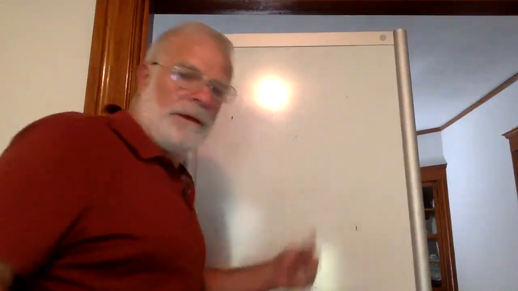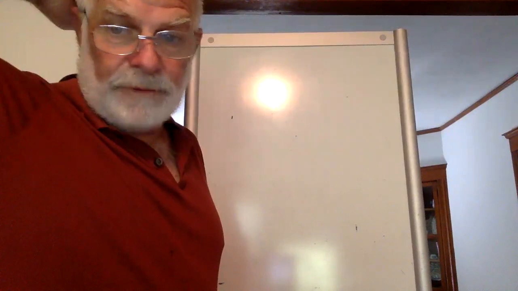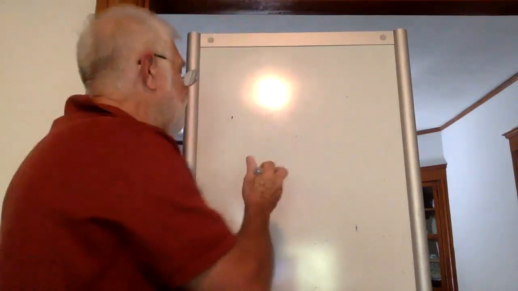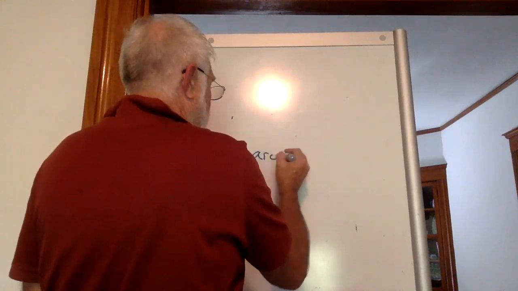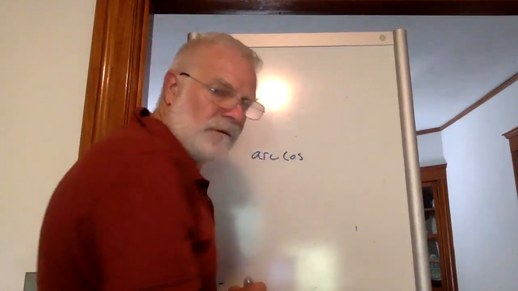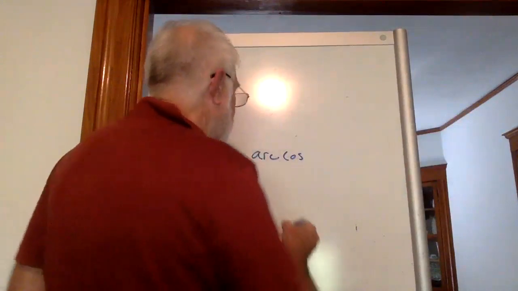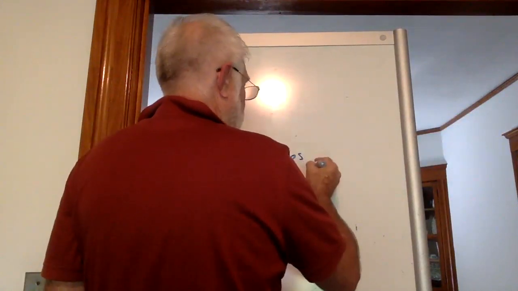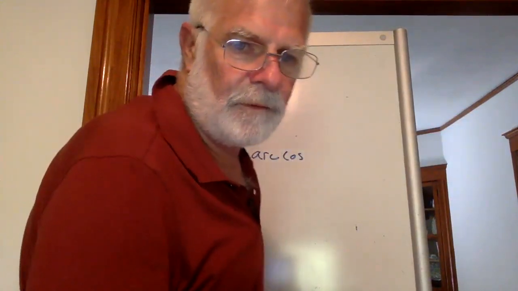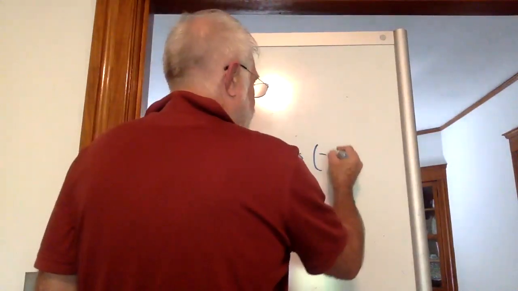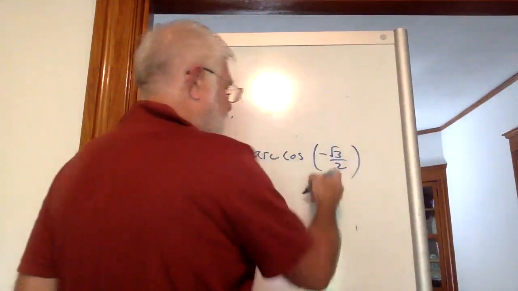And you can always replay what I just said a couple of times and try to make some sense out of it. All right, so what's the arc cosine? The arc cosine, I like this fact. I can just look at some things and go, oh, here's a question. So the arc cosine of -√3/2. Famous ratio.